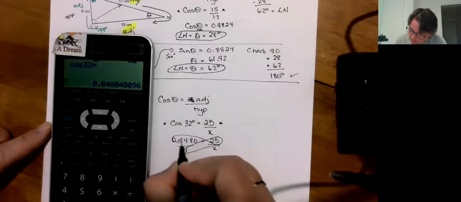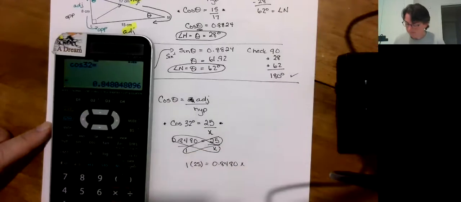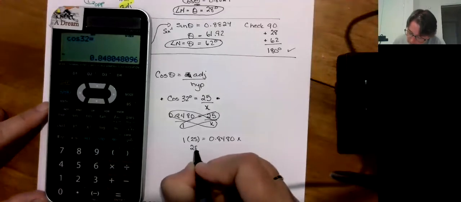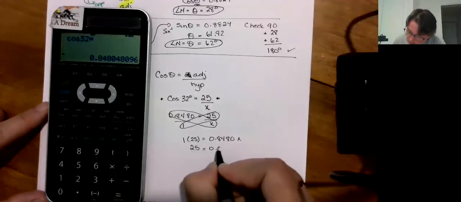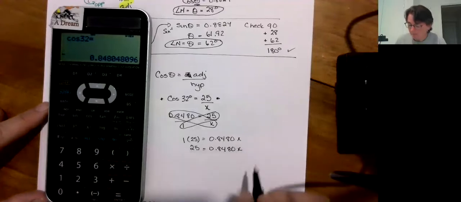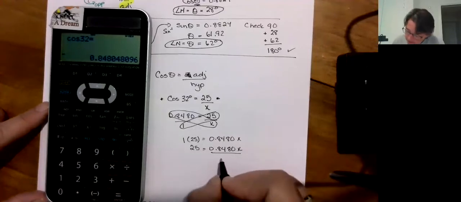So there we go. Move that up. 25 is equal to 0.8480x. Divide, because I want to get the x by itself.